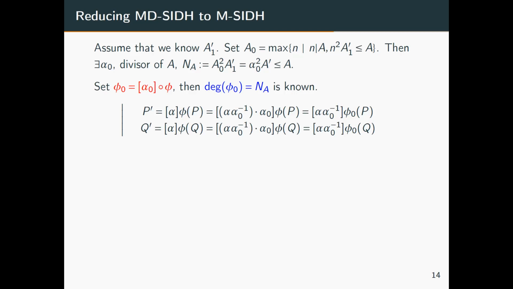And then you can just consider the isogeny phi 0 equals alpha 0 times phi. Then the degree of phi 0 is NA. So now you have P prime and Q prime, and you know that they are alpha phi P, alpha phi Q. Then you can just put alpha 0 minus 1 and alpha 0, and then you get that these are exactly the images of phi 0 P, phi 0 Q scaled by this integer.